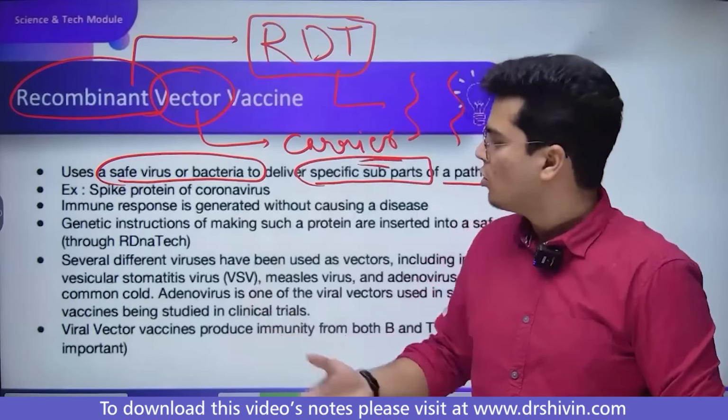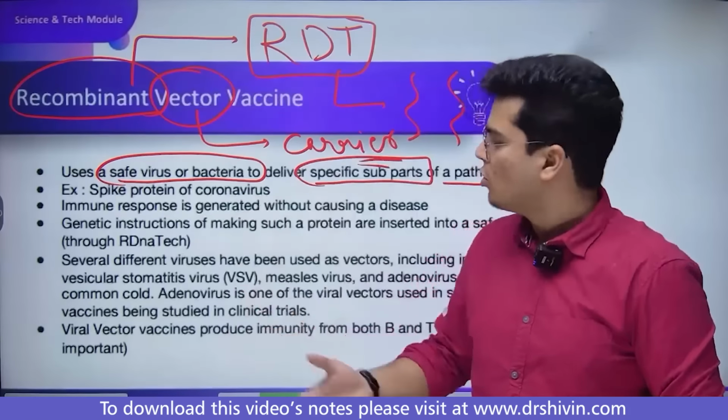So the immune response is generated without causing a disease. Obviously, since I am not giving the whole pathogen, disease is not going to happen. I am giving only a subpart. Earlier case, I was giving the subpart directly. This case, I am using a virus or bacteria to give that subpart. How? We will just see.